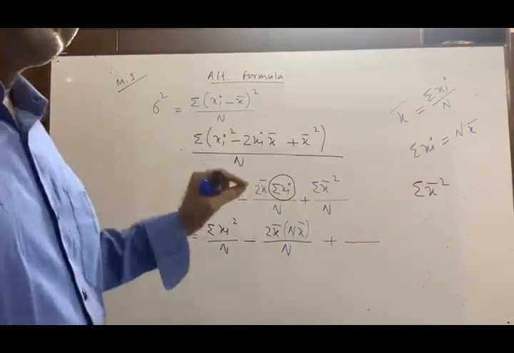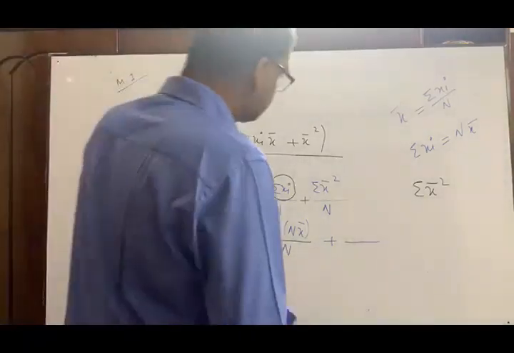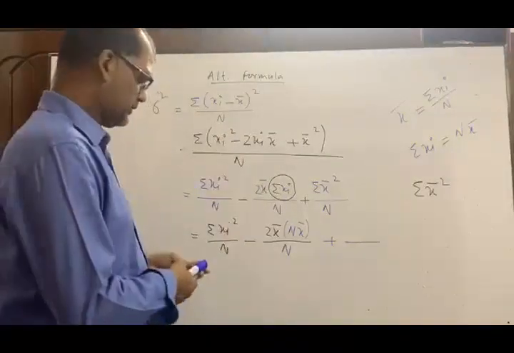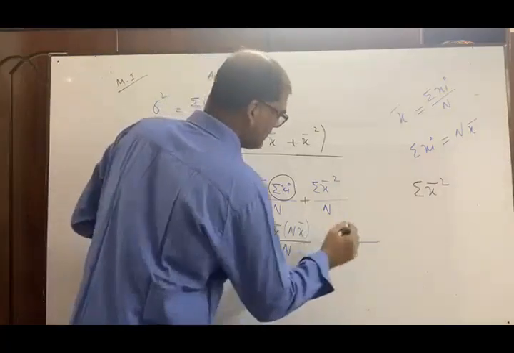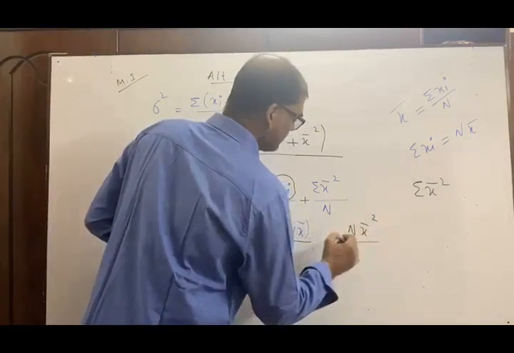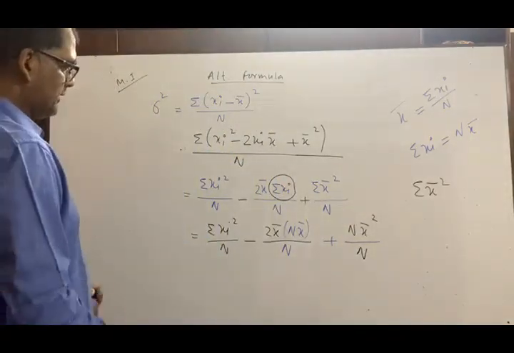This is the most important part. Sum of x bar square, sum means up to n terms. That's good. So I can write here n x bar square by n. Okay? You understand?